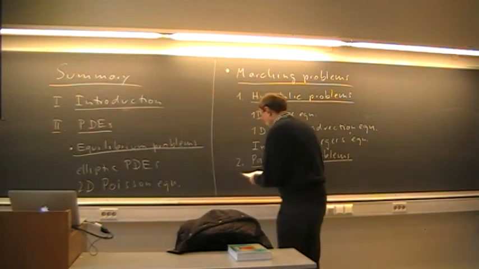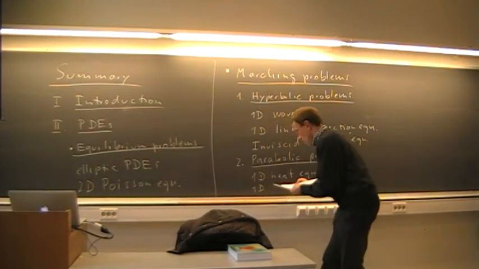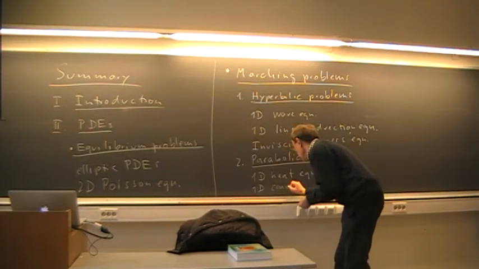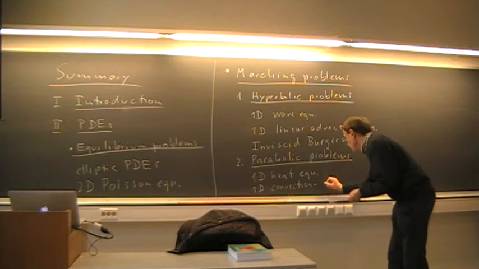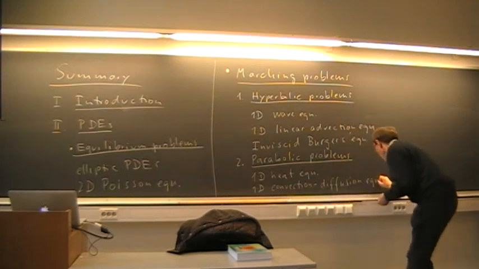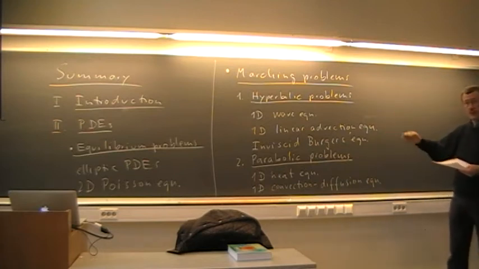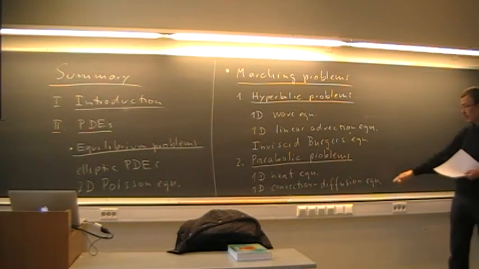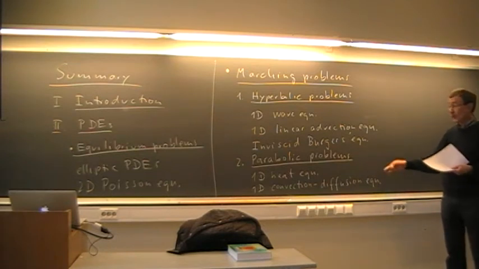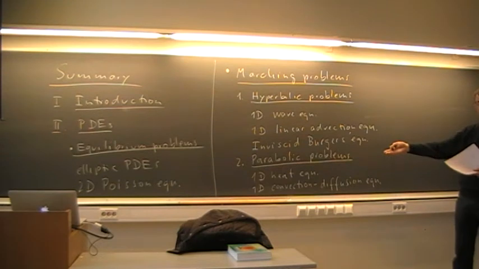We also looked at the 1D convection diffusion equation. Actually, we also looked at the 2D in a later part of the course. There we have a combination of both diffusion and advection. But since the second derivatives in space dominate regarding the type, it is of parabolic type, although it has a hyperbolic character inside the convective part.